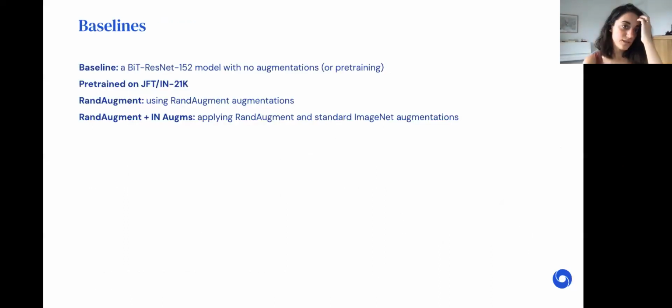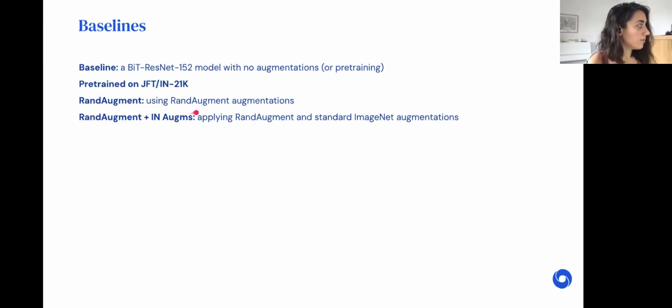The baselines that we consider here are again a Big Transfer ResNet model. So there is pre-training here on a larger corpus of natural images, and this pre-training can be on two different sets, ImageNet 21K or a much larger JFT dataset that includes 300 million images.